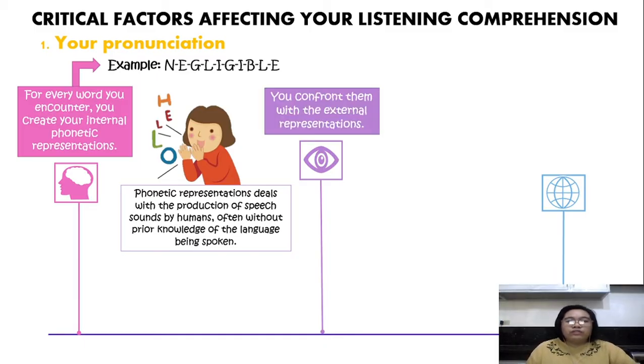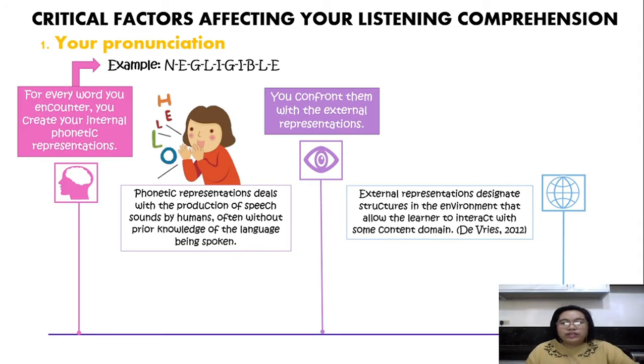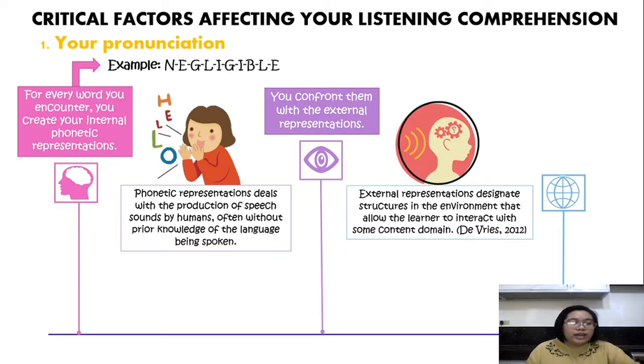Next, you confront them with the external representation. So when we say external representations, it designates the structures in the environment that allow the learner to interact with some content domain. Meaning, it is how the words are really pronounced. So it deals with the correct pronunciation of the words.